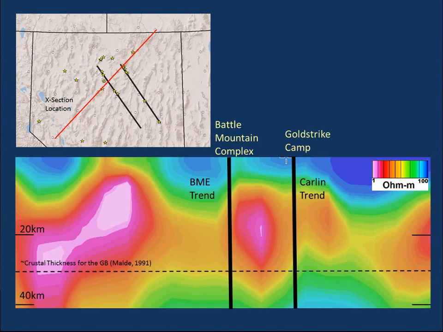So here are the trends. And this red line represents the vertical section which is shown here below. And it looks like, again, we can see that this trend appears on the edge of this crustal conductor, as the Carlin trend also appears on the edge of this crustal conductor.